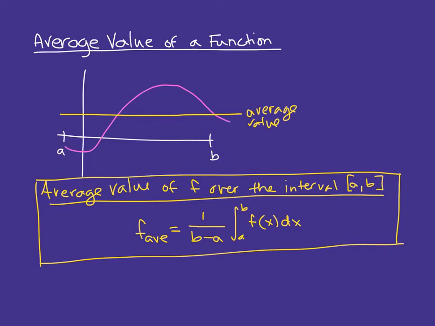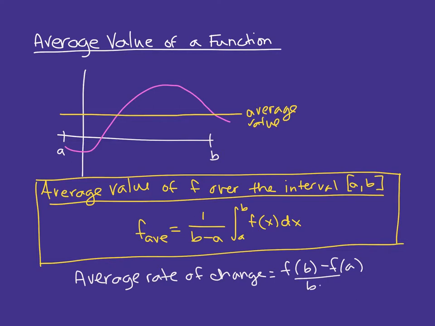So I just want to make sure that you are aware of the difference between the average value and the average rate of change. Those are different things. But I do want you to recall that we did the average rate of change at one point, which was this, f of b minus f of a over b minus a.